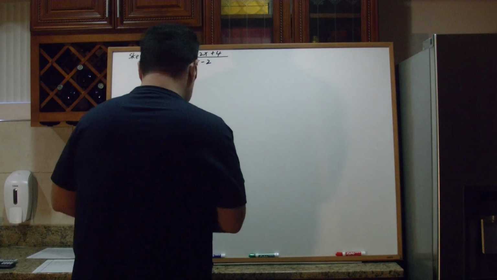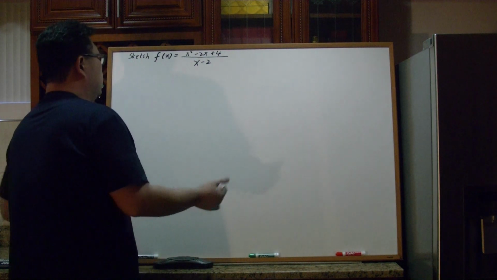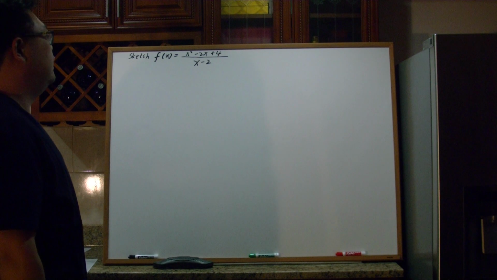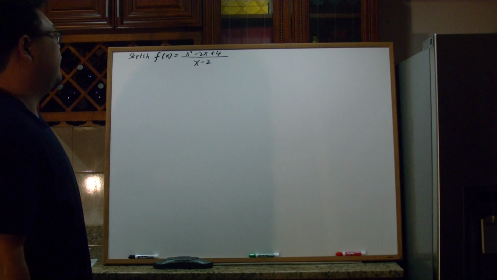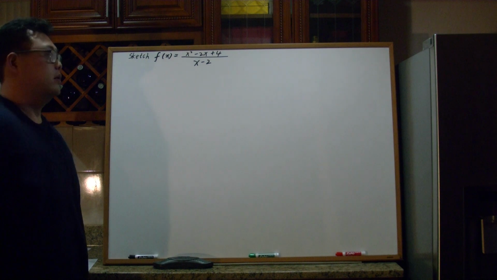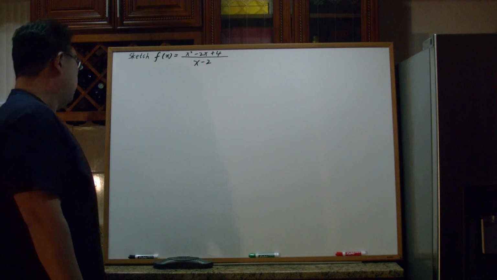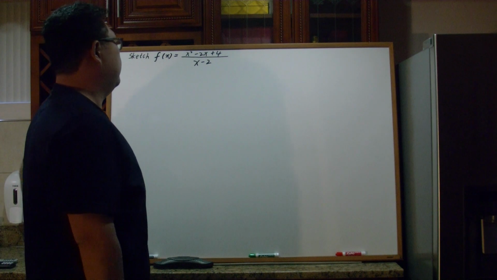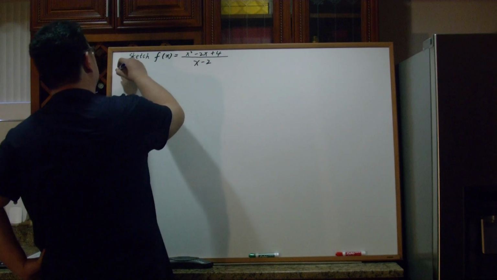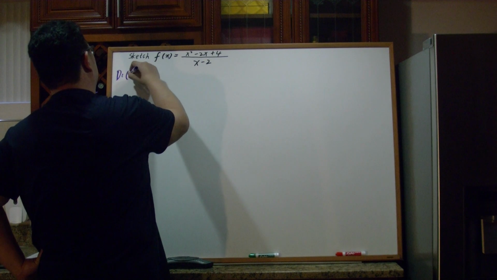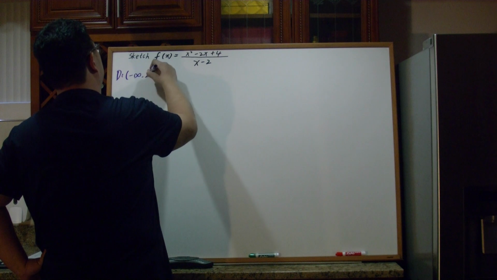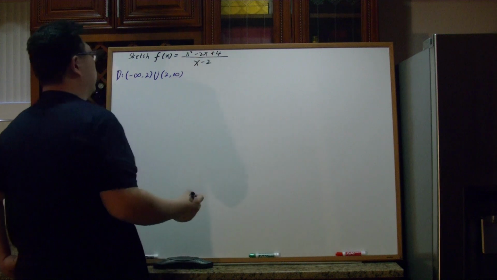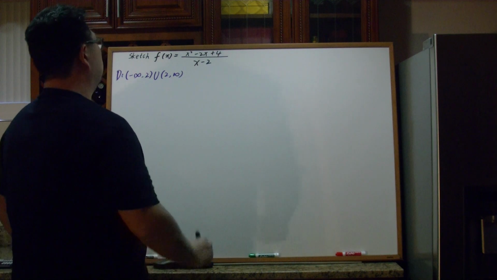To sketch that, first of all, it's clear that the domain requires the denominator not equal to 0. Whether it's a vertical asymptote or not depends on what we find later. But first of all, the domain is from negative infinity to 2, union 2 to infinity. We can take everything, but we cannot take 2.